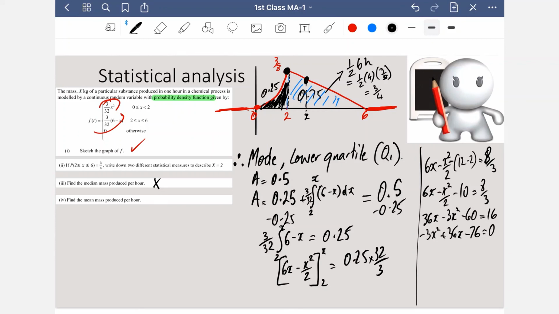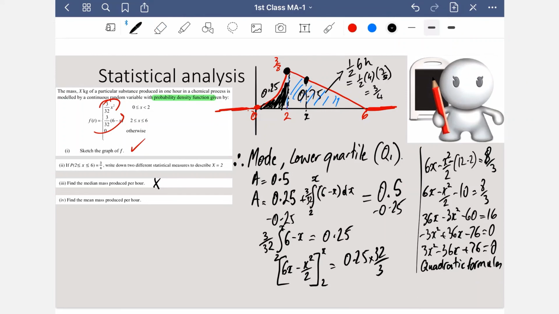Let's change everything to the other side. So 3x squared minus 36x plus 76 is equal to 0. Okay, and let's use the quadratic formula, and what we will get is these two values, right?